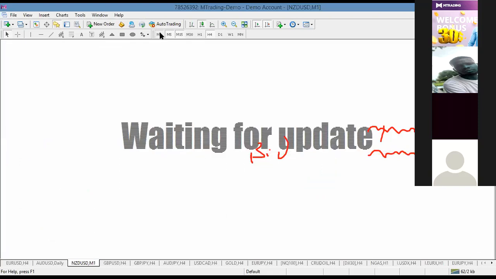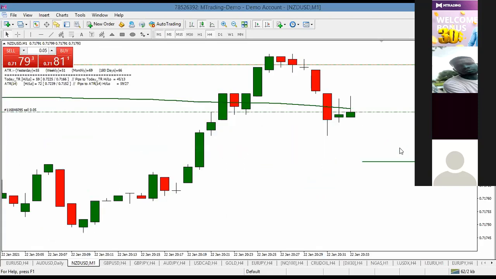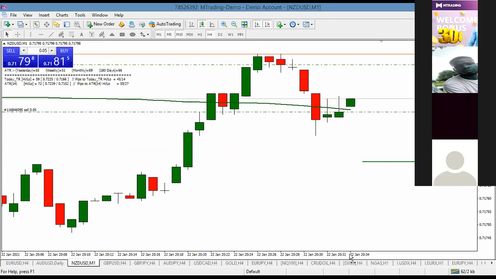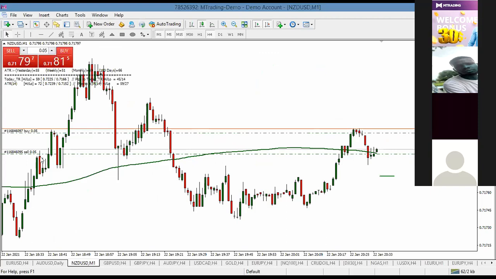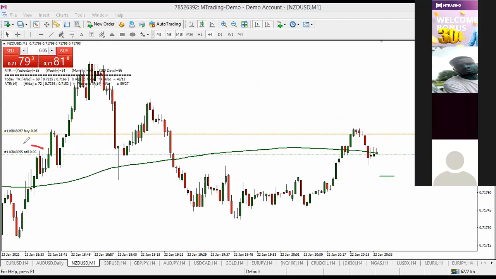Let's go to a smaller time frame. Can you see that I took a sell trade right here? It was triggered, and then I took a buy trade here. It was triggered at a different place.